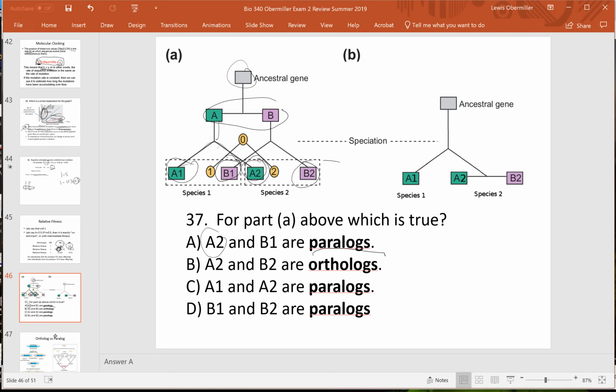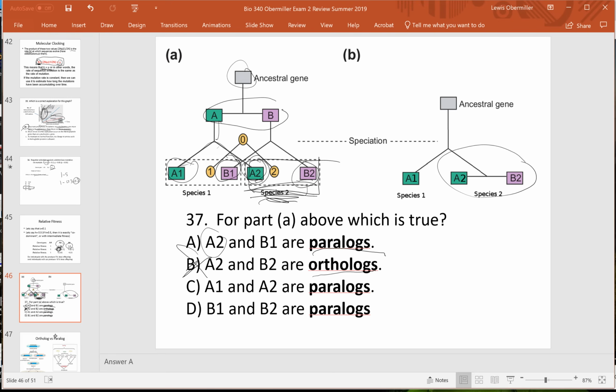A2 and B2, they're in the same species. So they're still, these are paralogs, so that's not true because they're the same.